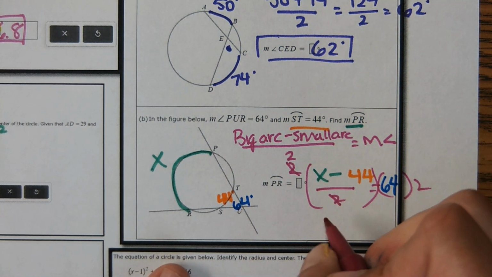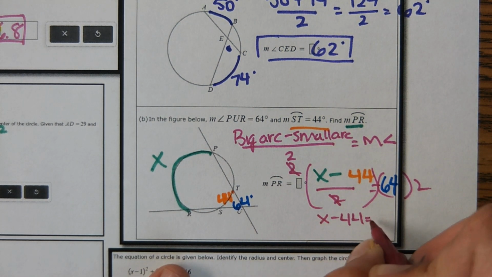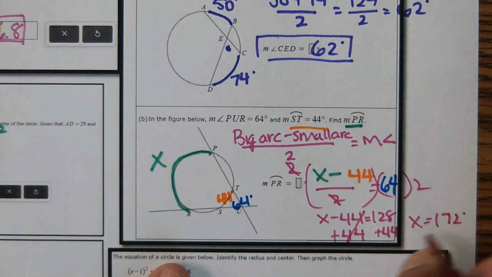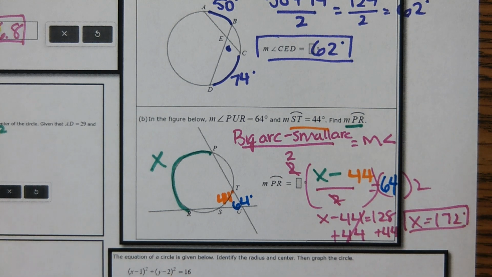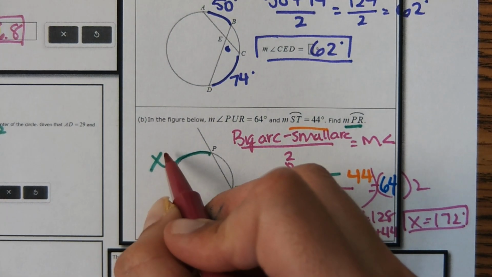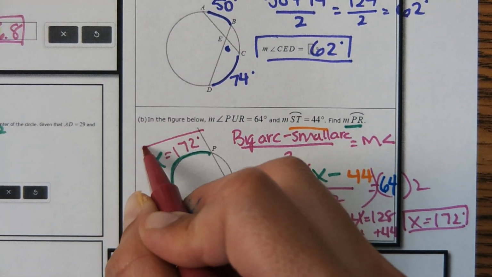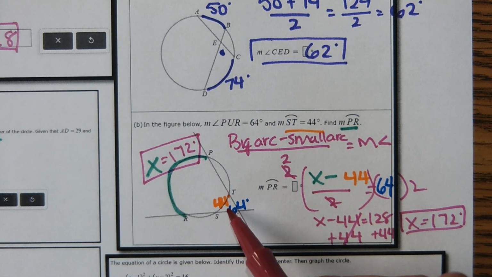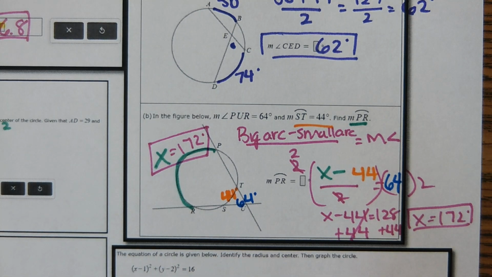Let's keep it this. X minus 44 equals 128 plus 44. X equals 172 degrees. And of course, make sure it's logical. It shouldn't be bigger than 360 because 360 would be all the way around the circle. It should be bigger than the small arc, of course.